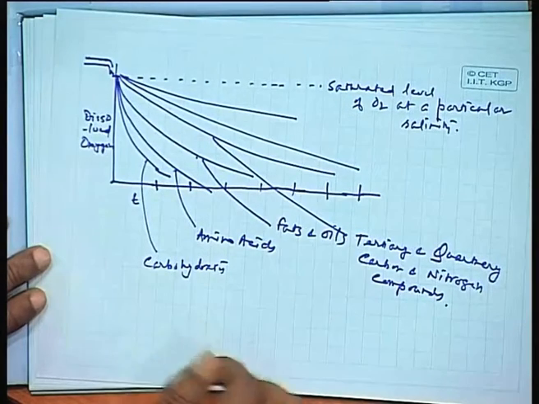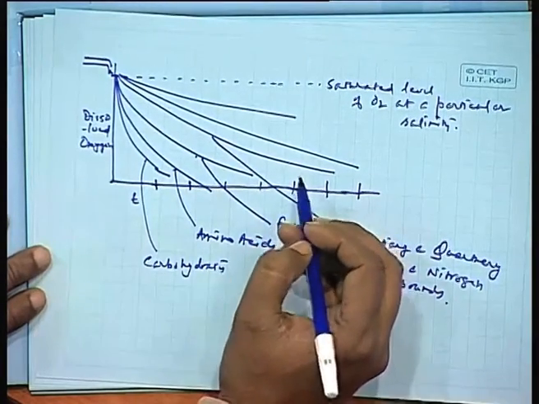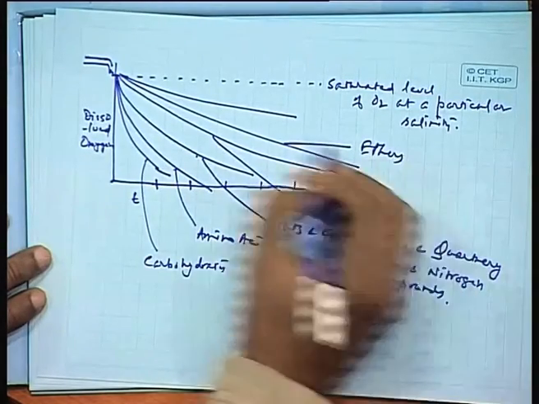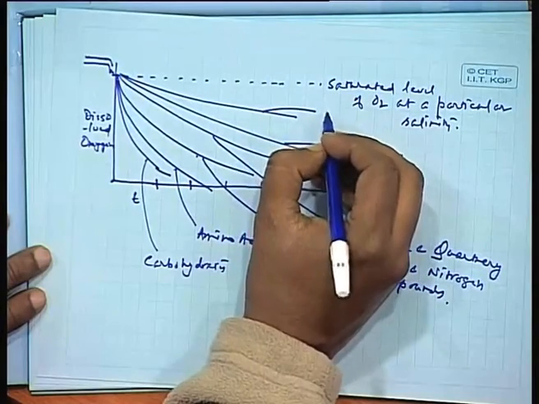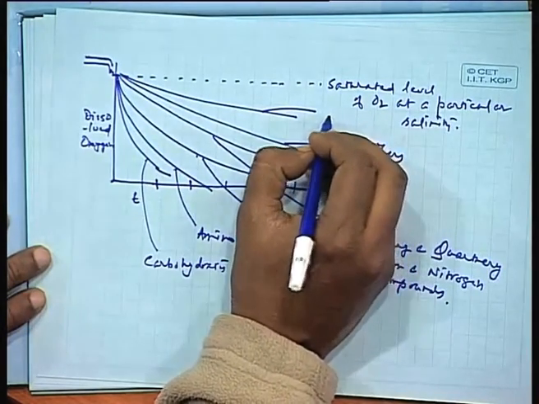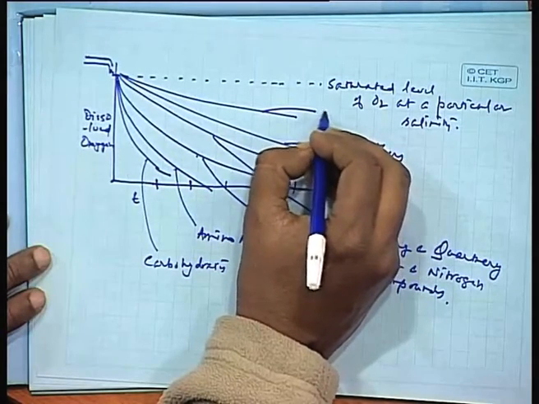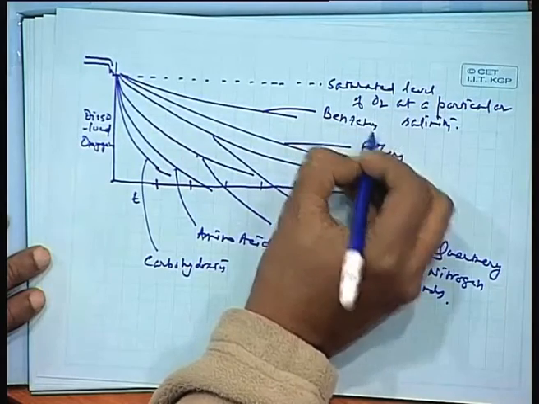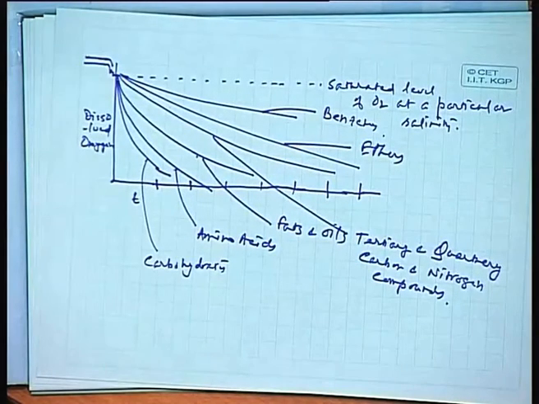Okay. Similarly, you can see this would be ethers. If you see this, this might be mostly benzenes. So this is what you will generally not find in any textbook, but this is mostly the nature of the plots.